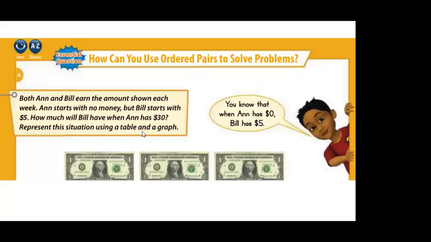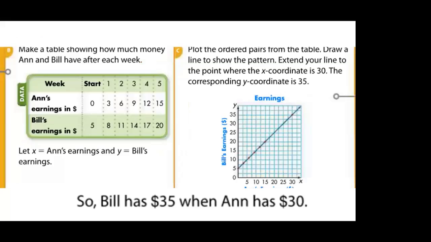You know that when Ann has zero, Bill has five. Okay, so I'm going to represent the relationship between Ann and Bill. The first thing you have to do is to make a conclusion for that by forming a table. This table will help you to find the pattern on the graph.